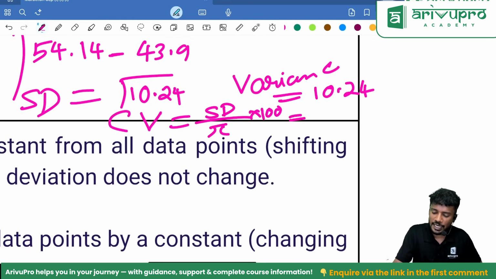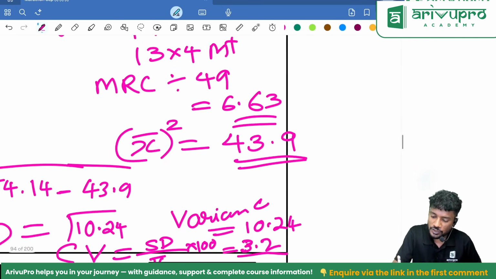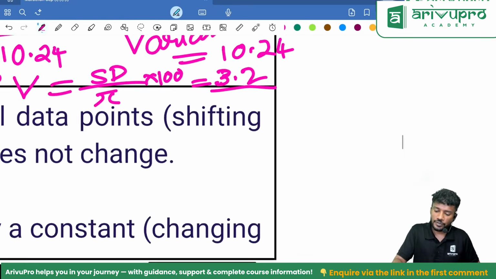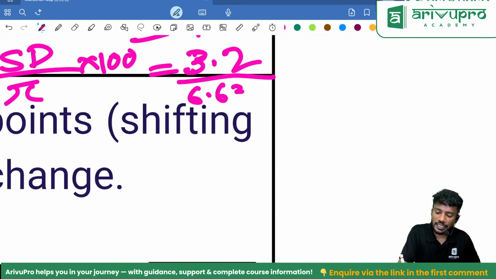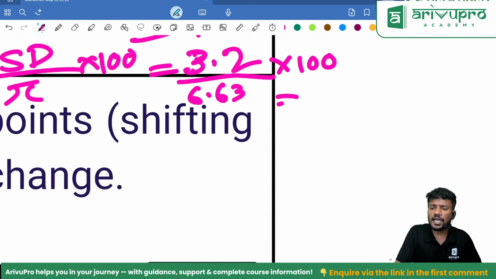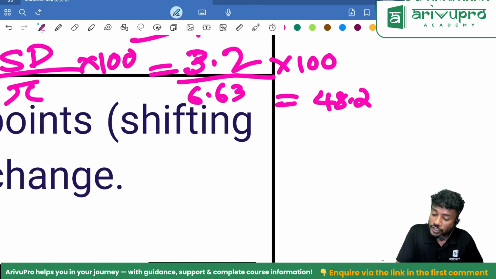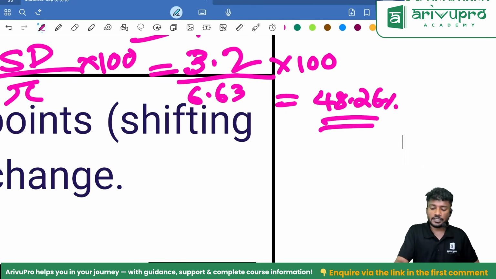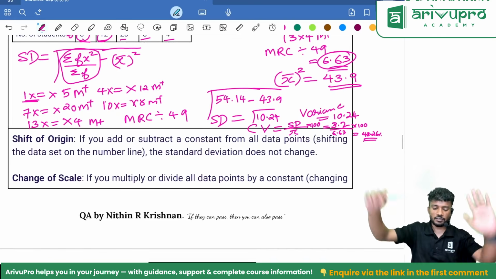Now we know the standard deviation is the root of 10.24, which is 3.2, divided by x bar, which was 6.63, into 100. Tell me the answer. 48.26%. That is your coefficient of variation.